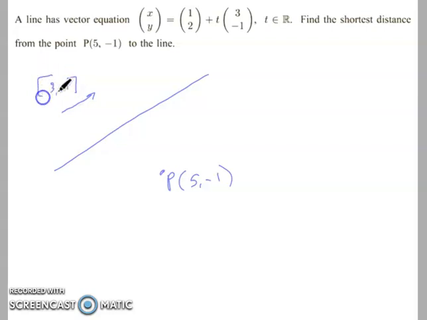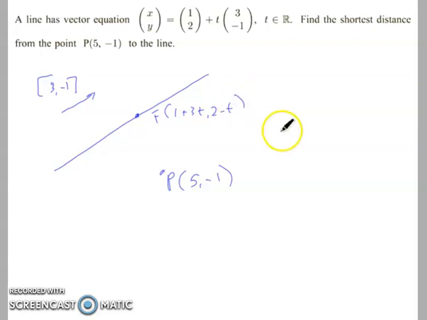Now we want to work out the foot of the perpendicular, so let's call it F. Every point on this line can be expressed in terms of this equation, where the x value is 1 plus 3t, and the y value is 2 minus t.